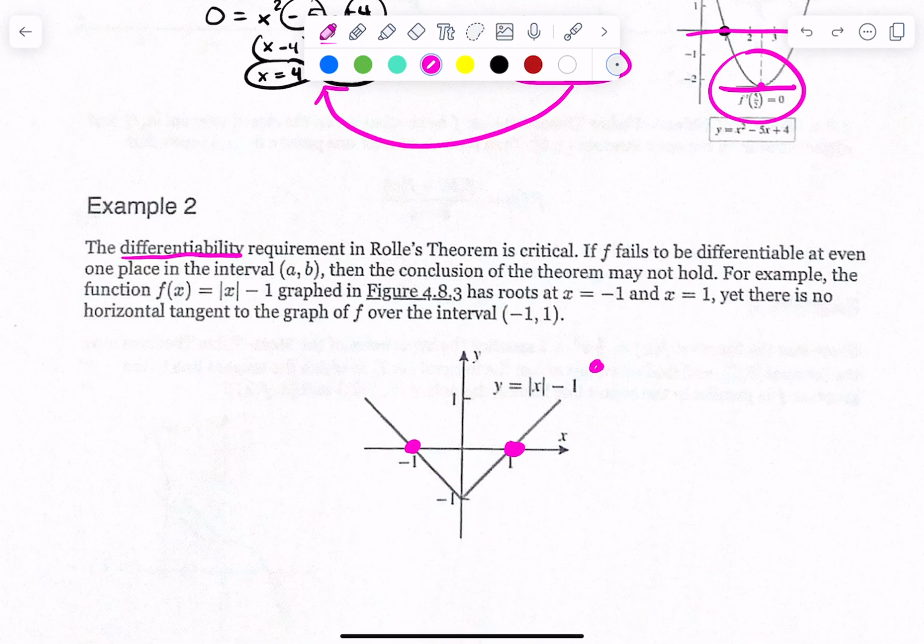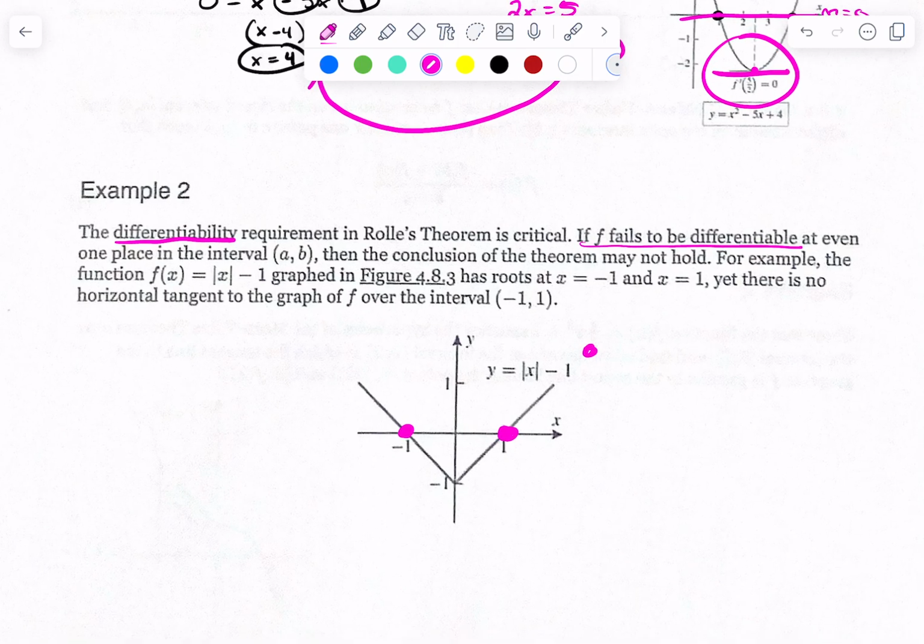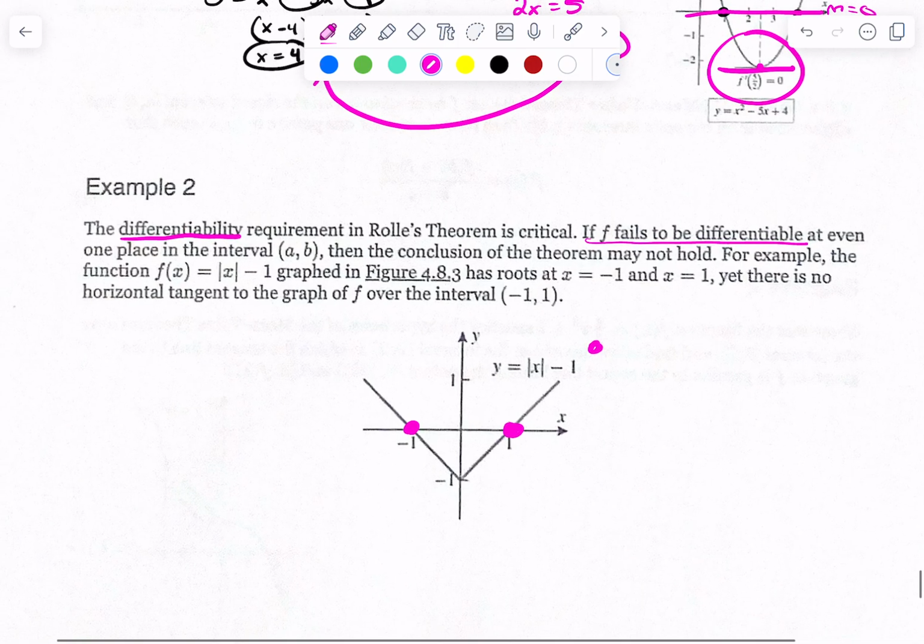Okay, so that's where the first sentence says the differentiability requirement in Rolle's theorem is critical. If my function fails to be differentiable at even one place on the interval, we cannot use Rolle's theorem. If it's not in the interval, it's fine. Rolle's theorem does not apply, or the conclusion of the theorem may not hold.